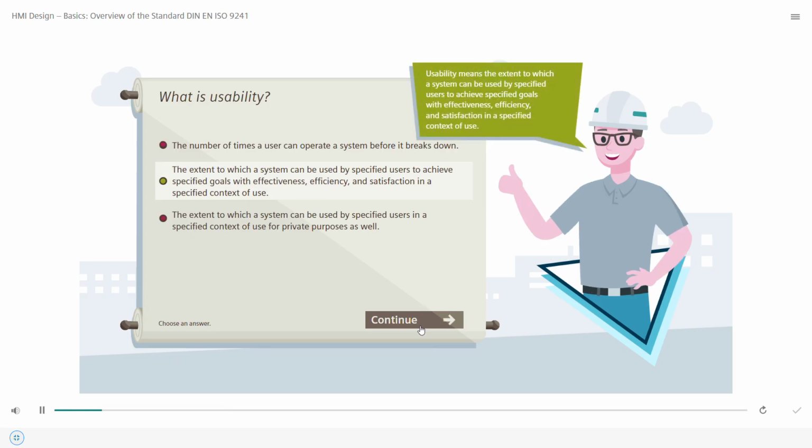Usability means the extent to which a system can be used by specified users to achieve specified goals with effectiveness, efficiency, and satisfaction in a specified context of use.